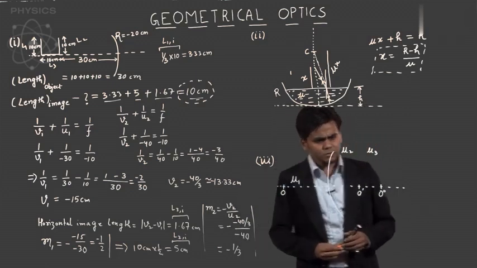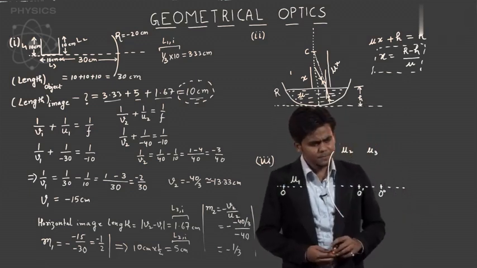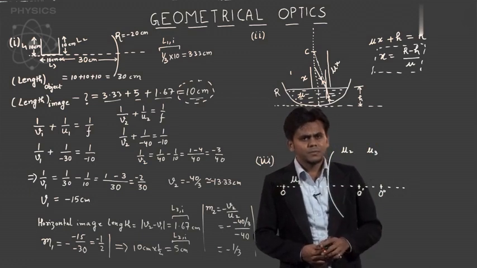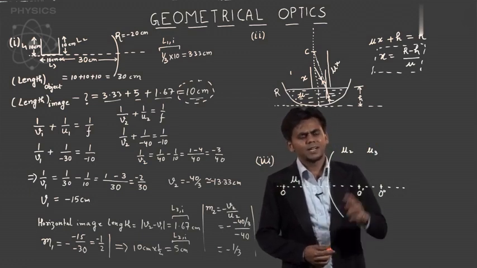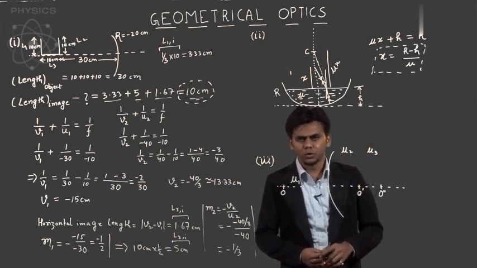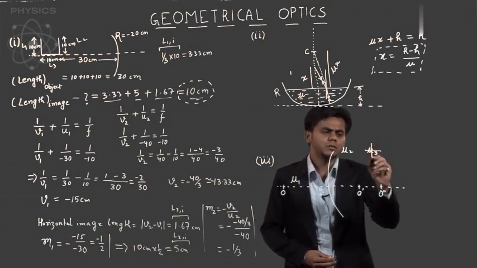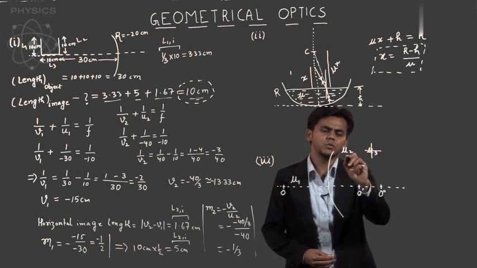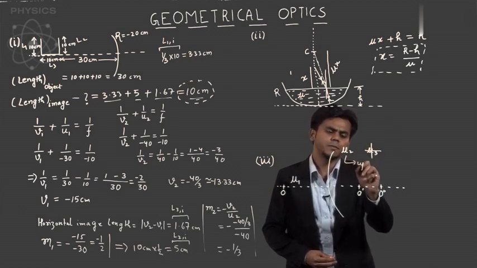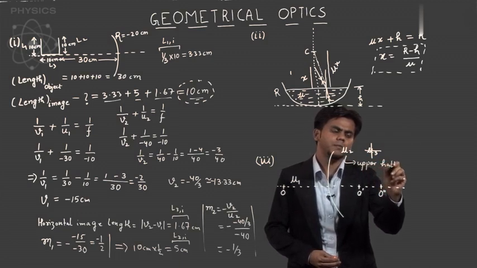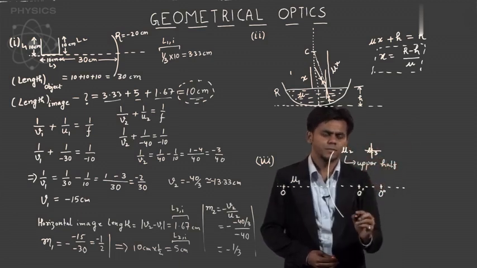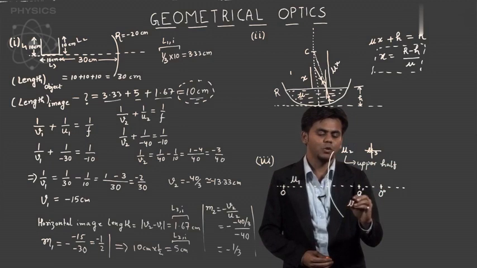Now, the question is, suppose I have given that the upper half is of mu2, right? And I have omitted this out. Just the upper half is just mu2. Forget this mu3 now. What I've done is I've taken the lower half as mu3.